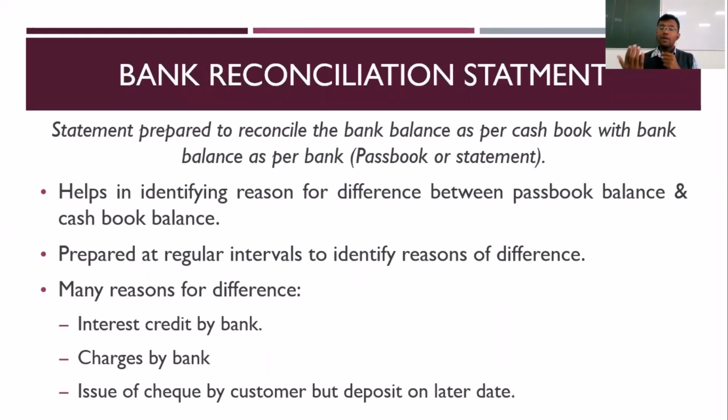Now, why is there disagreement between the balances? So let me give you an example. When you, as a business, issue a check to your customer or to your vendor, your accountant would be considering that the money has already gone out from your bank account.